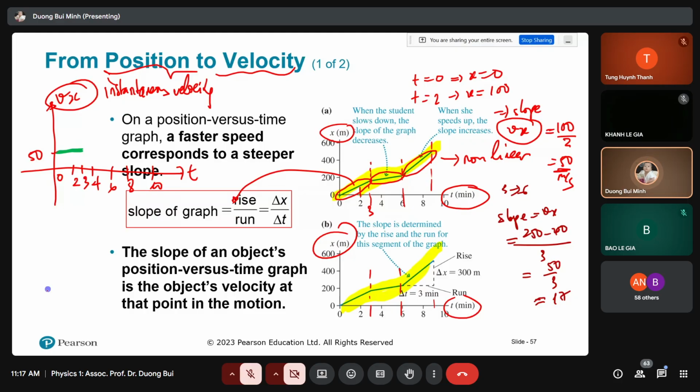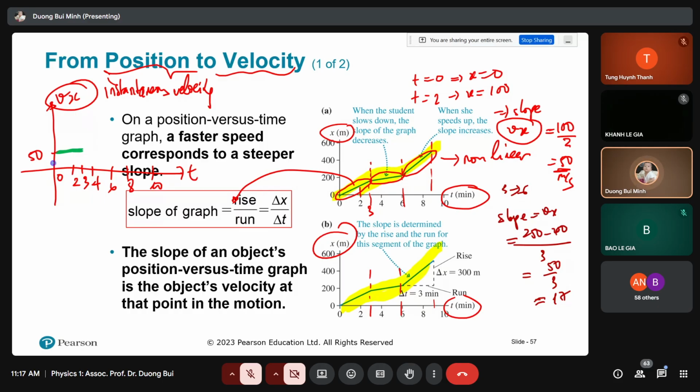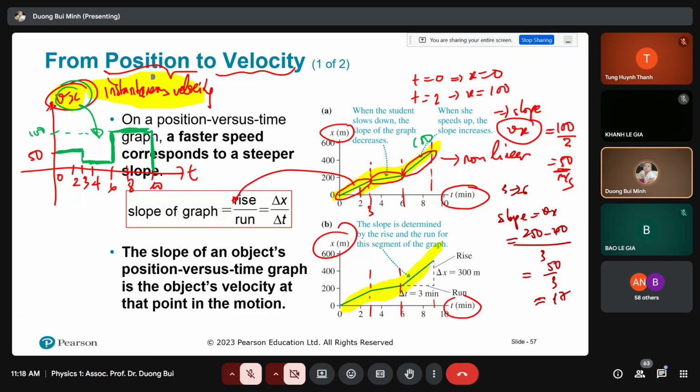So from 3 to 6, you get 17, somewhere here. And then here maybe we get 100, just assume this is 100. So this is the curve of Vx, the instantaneous velocity.